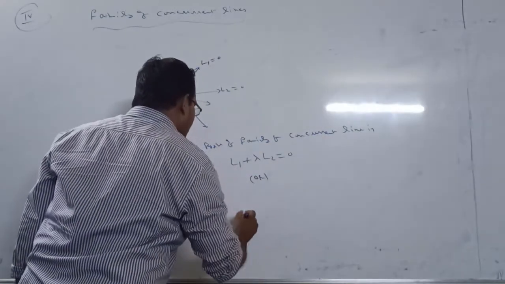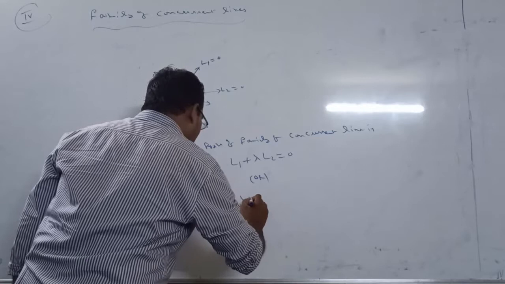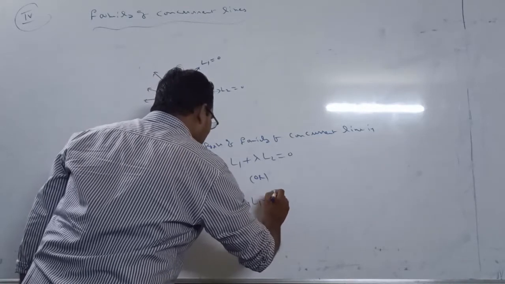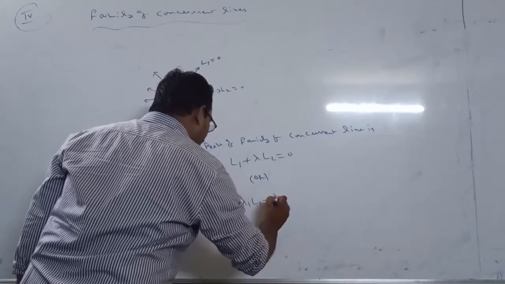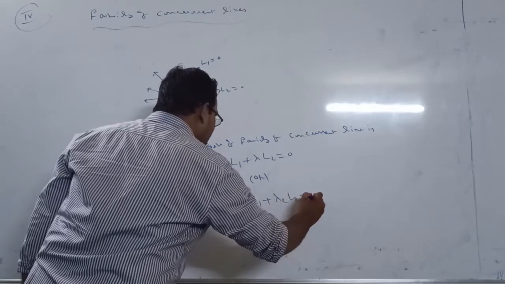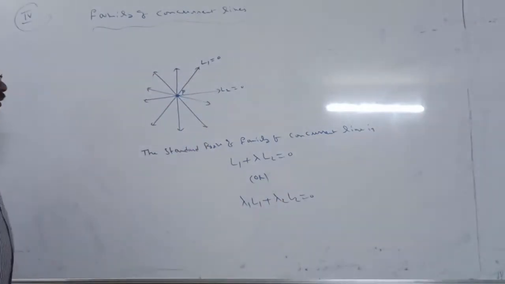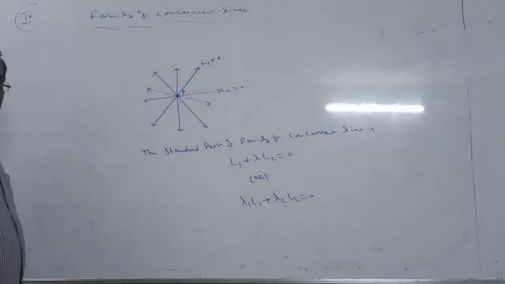Otherwise, lambda 1 L1 plus lambda 2 L2 equal to 0. Both represent the standard form of a family of concurrent lines.